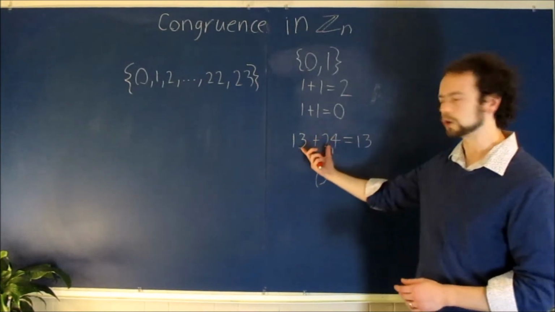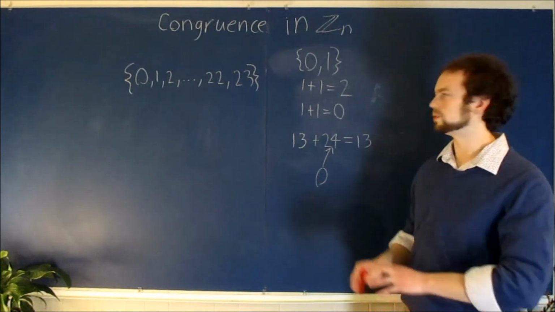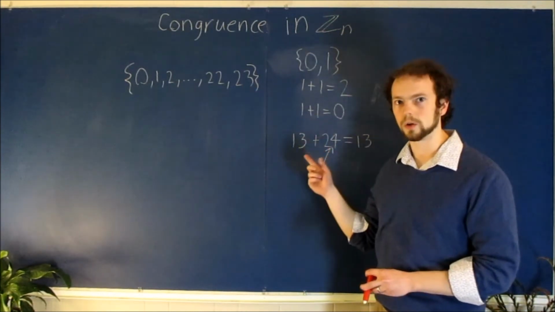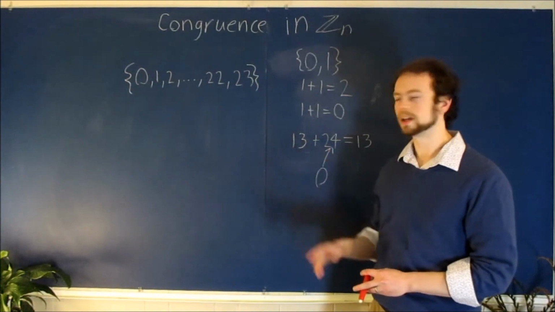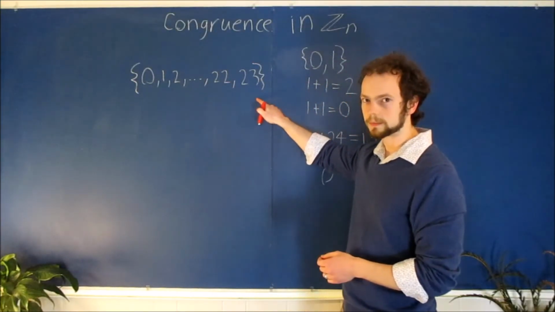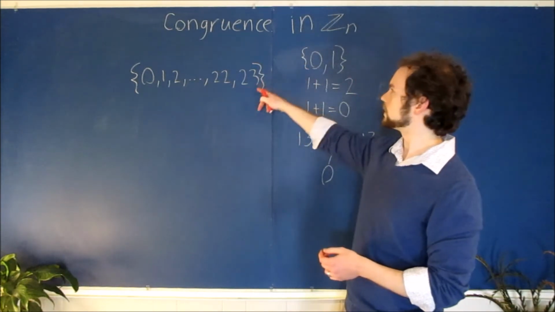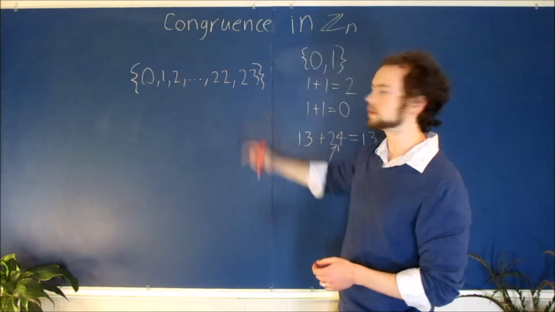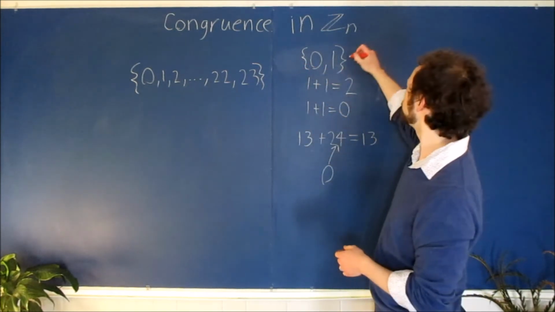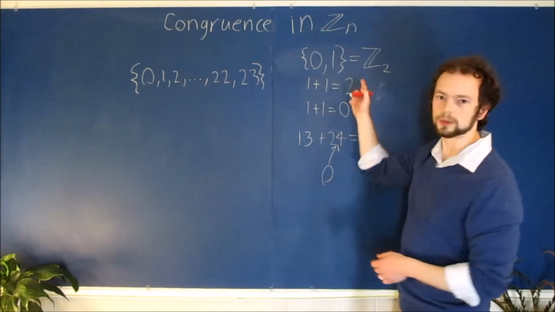Equipped with this idea of arithmetic, where you just cycle back, this is a ring. Now that we've established that these two are rings, this ring with two elements, 0 and 1, is known as Z2.